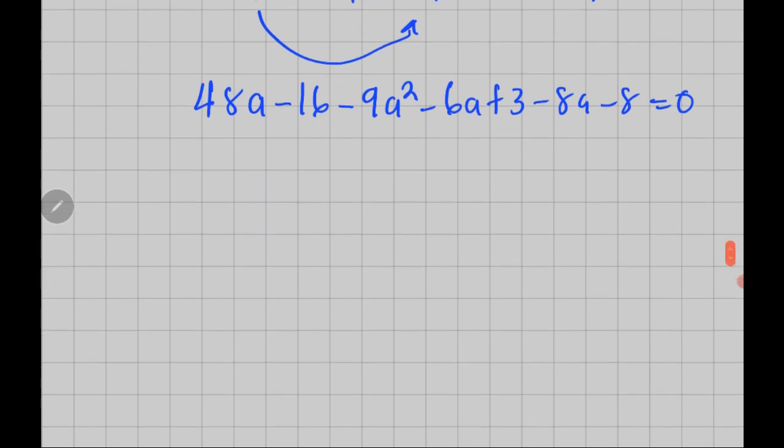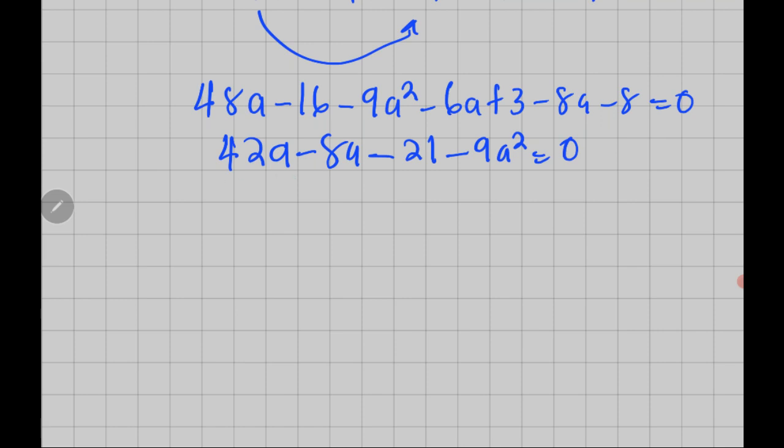So let's group the like terms. You can say 48a minus 6a, we get 42a. 42a minus 8a, we get 34a. And minus 16 plus 3, we get minus 13. Minus 13 minus 8, we get minus 21, minus 9a squared is equal to 0.